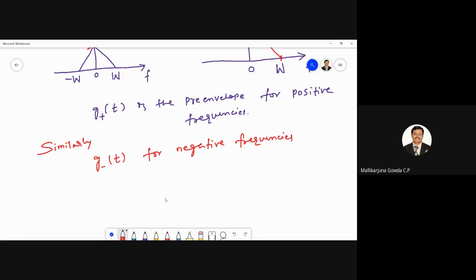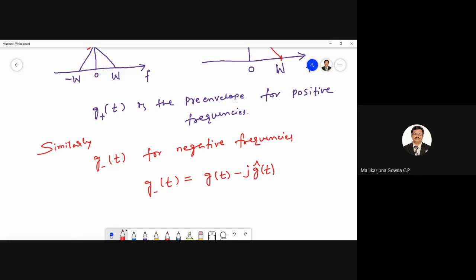How can I define this? G minus t is equal to g of t minus j into g cap of t.